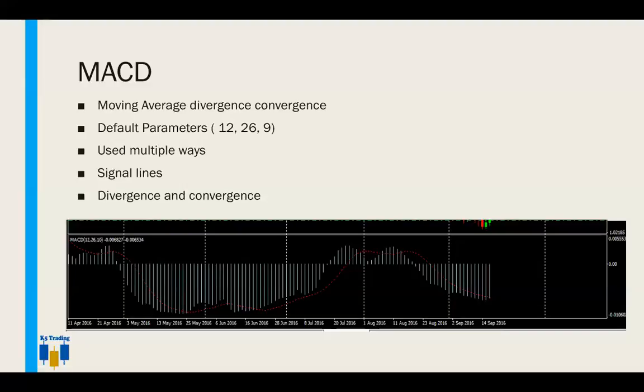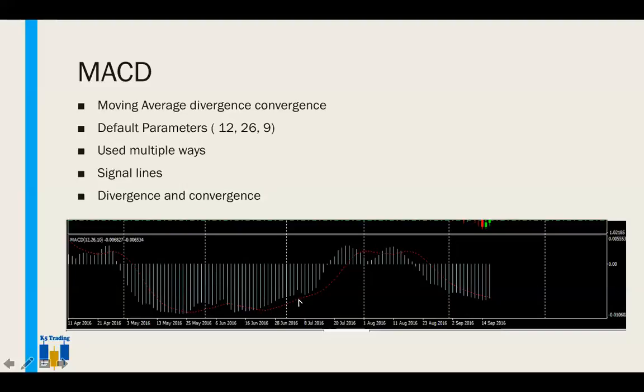The third way, which I use in one of my techniques: when I see this histogram above this red line, this indicates a buy signal, combined with some other indicators like moving averages on my chart. For example, if a moving average of 5 or I think 8 crosses above the 15 and the histogram is above the zero line, then this is my buy signal.